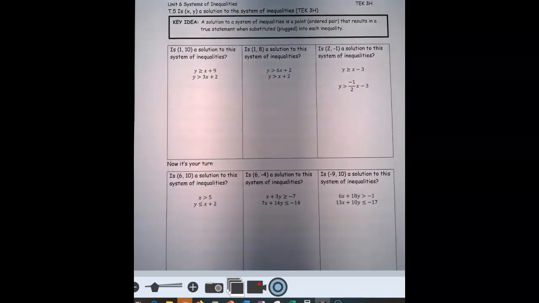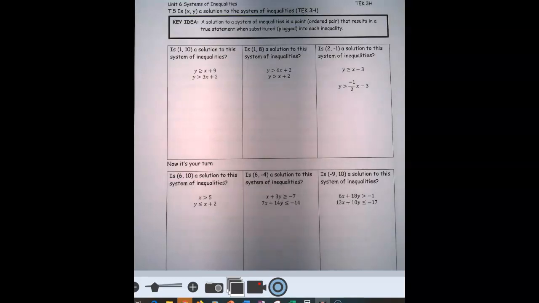Hello, we're going to talk about how to find out if an ordered pair is a solution to a system of inequalities. We did look at before whether or not an ordered pair was a solution to a linear equation, and the difference here would be that when we were doing this before, we just looked at if that ordered pair was where the lines crossed.